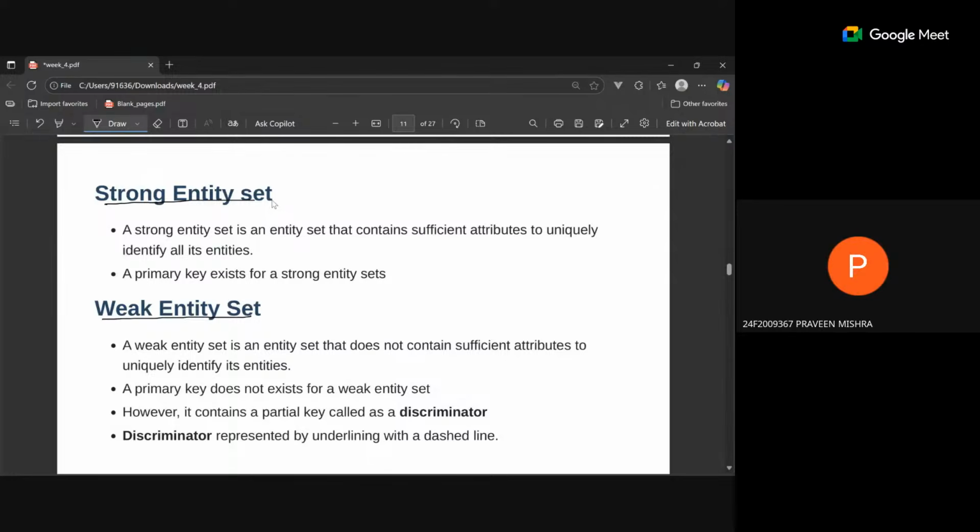For example, in a student table, student is an entity, and the attributes like student ID and course ID are attributes of it. Each row is an entity.